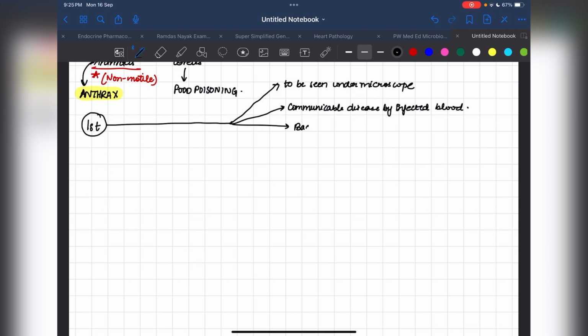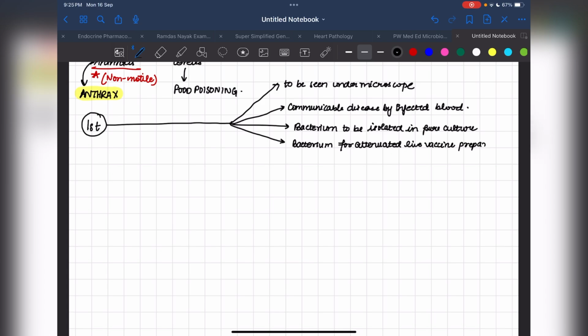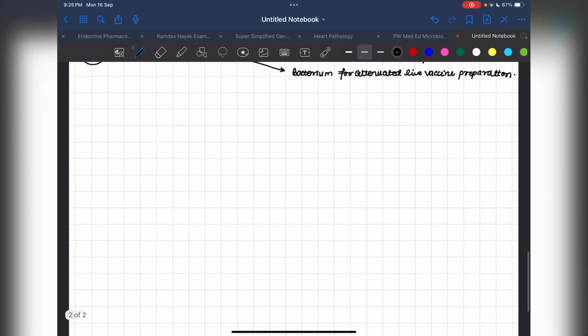It is the first bacterium to be isolated in pure culture. And it is the first bacterium used for preparation of a live attenuated vaccine. So you get the point that it likes to come first in a lot of things, which makes it a very important bacteria.